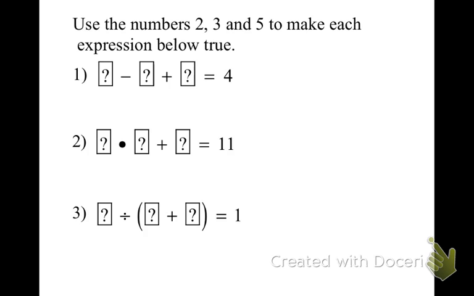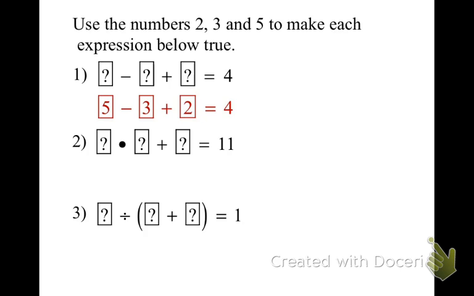All right, now I want you to do some problem solving and make this a true statement using the numbers 2, 3, and 5 to make each expression true. Pause the recording and see what you can do for number 1, 2, and 3. Now check your work. 5 minus 3 is 2, plus 2 is 4.